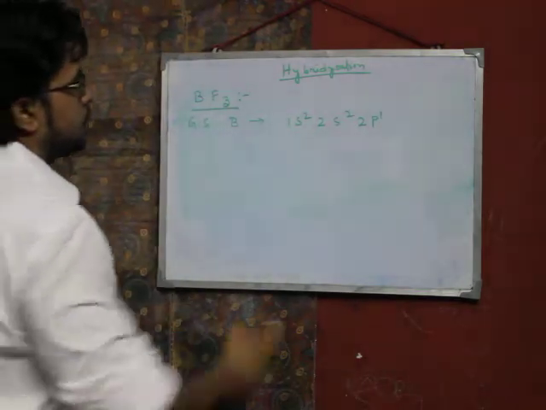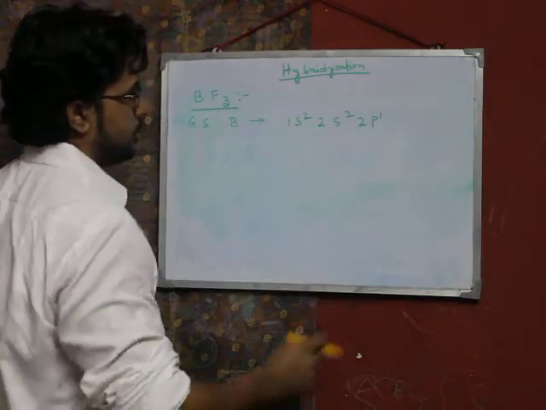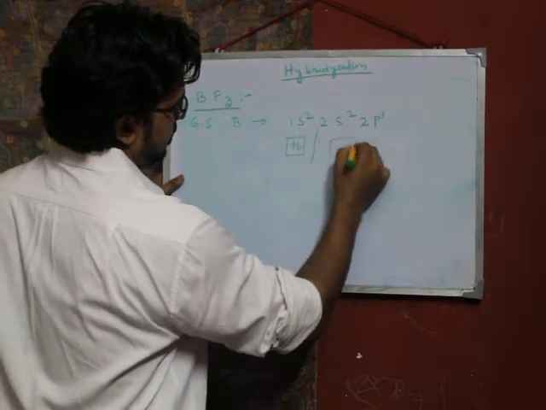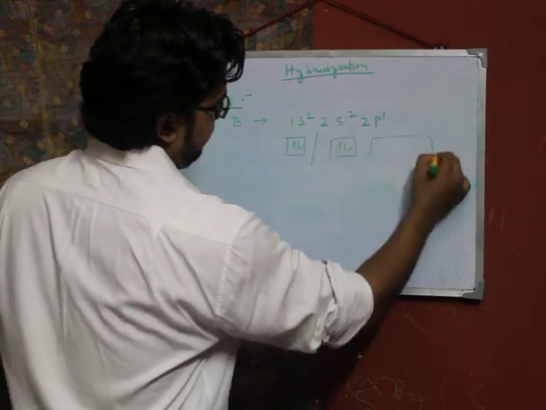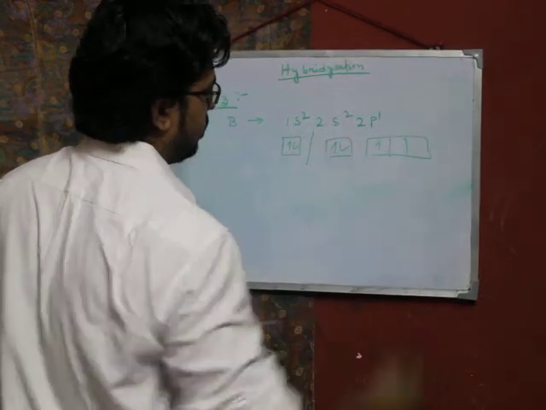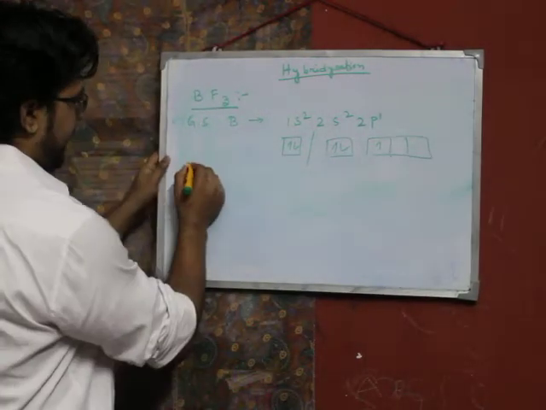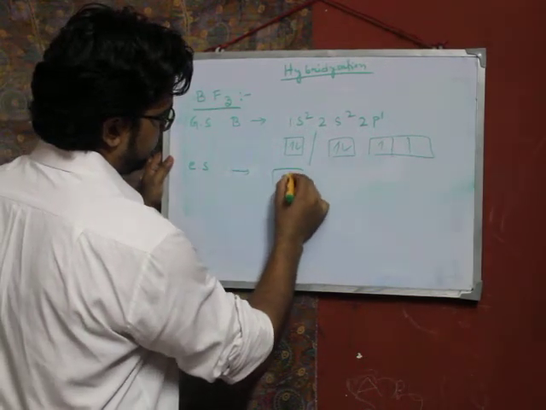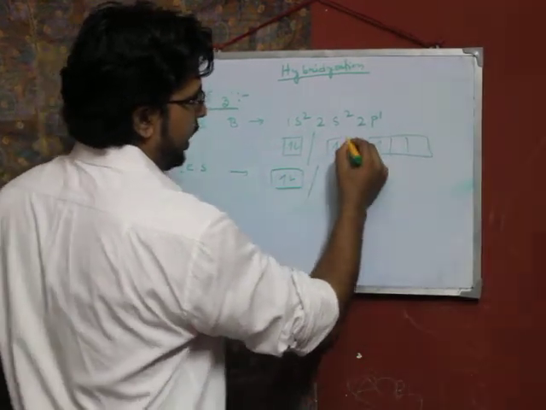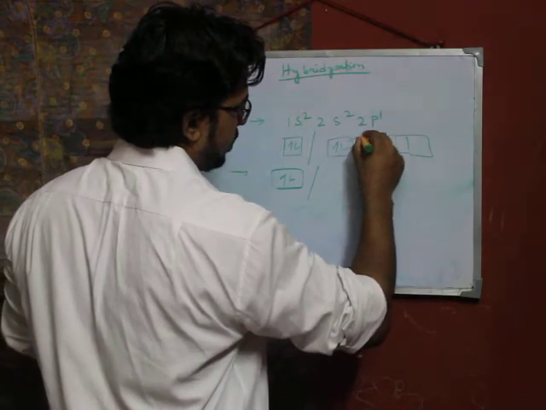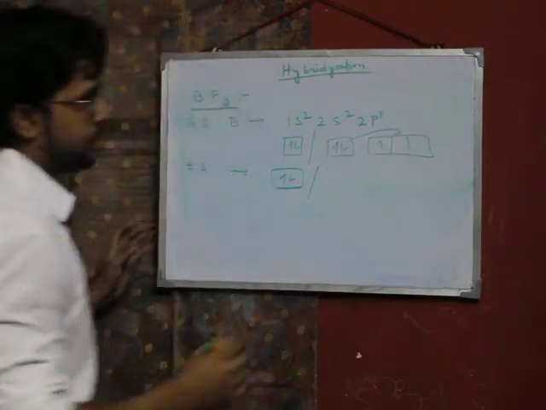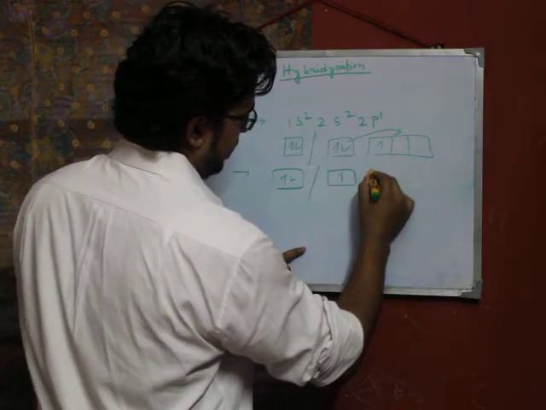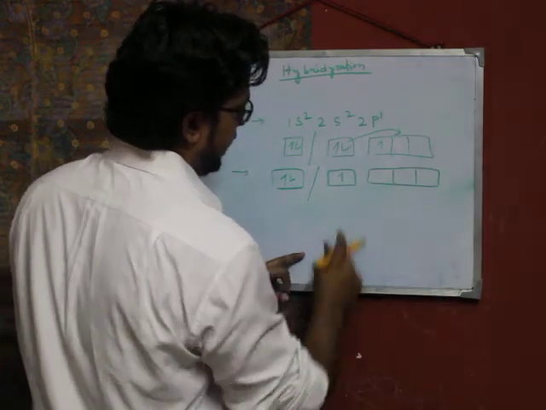Okay, so 1s2, 2s2, 2p1. We can write this as a diagram. Now in the excited state, one electron from the s orbital shifts to the p orbital.